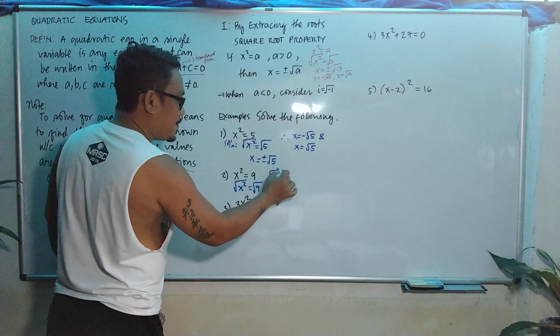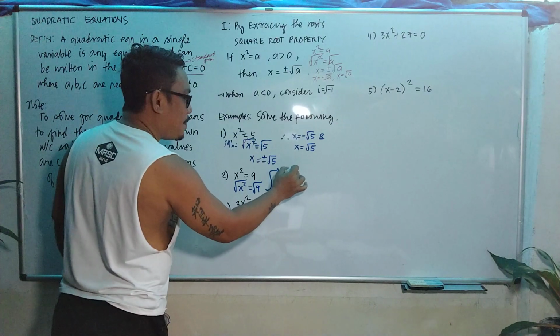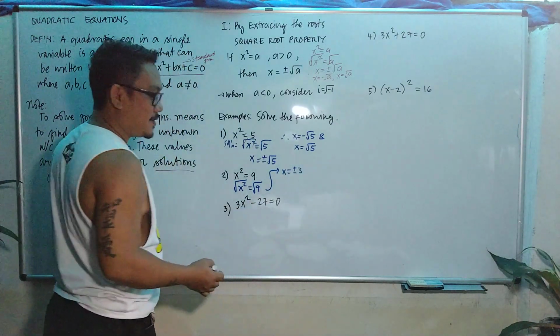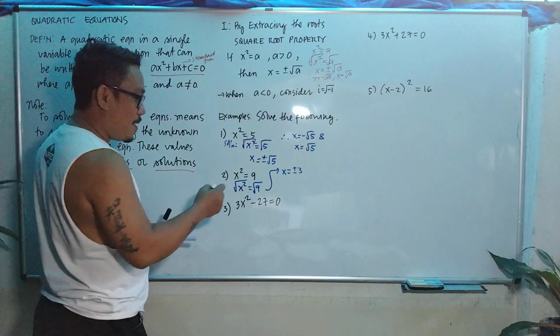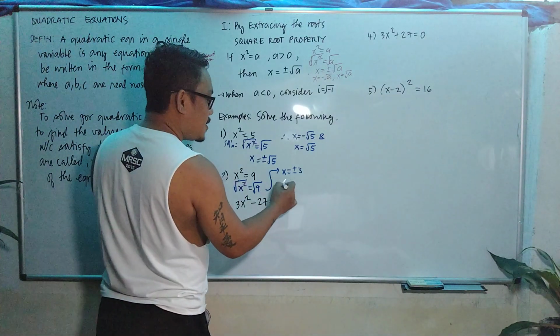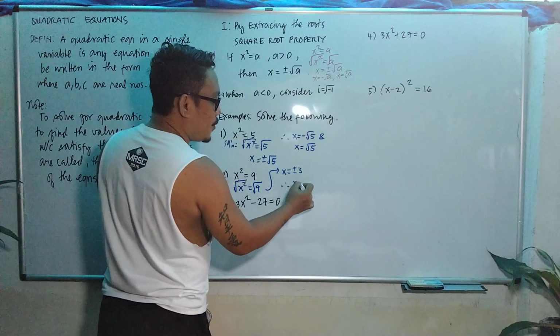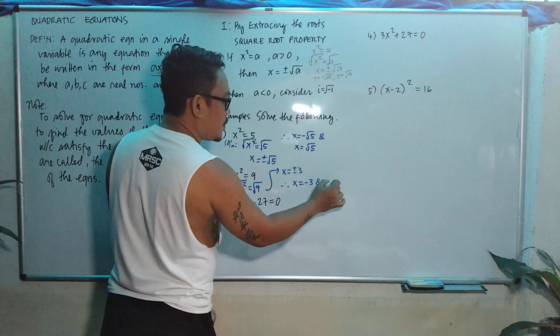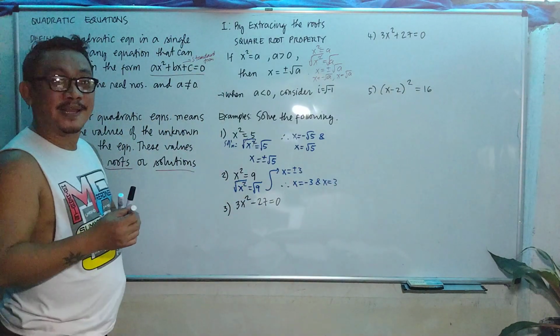So, you have now x is equal to positive, negative. What is the square root of 9? You have 3. Okay? Makuha man nato ang square root sa 9. Kaya makancel sa 2. So, meaning to say, our roots are x is equal to negative 3 and x is equal to positive 3.